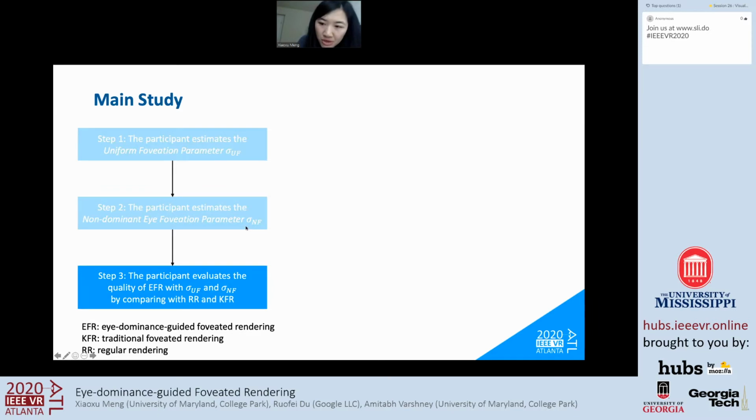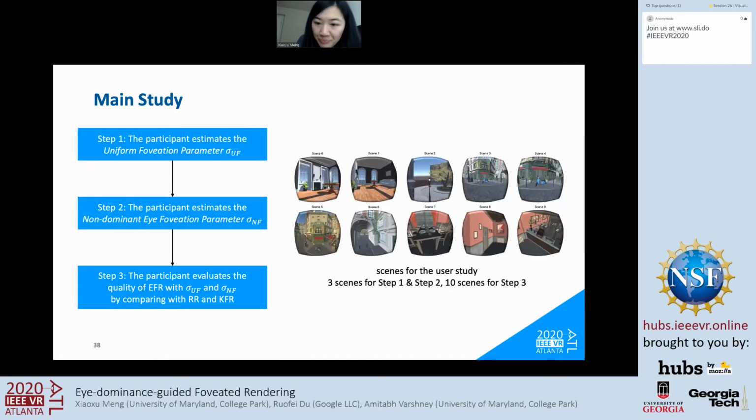And in step 3, we conduct a quality evaluation. The user will evaluate the quality of our eye dominance guided foveated rendering with other renderings, such as the regular rendering and traditional foveated rendering.